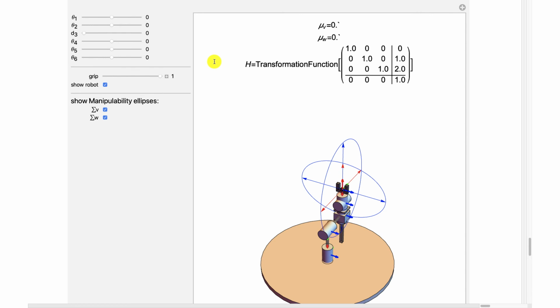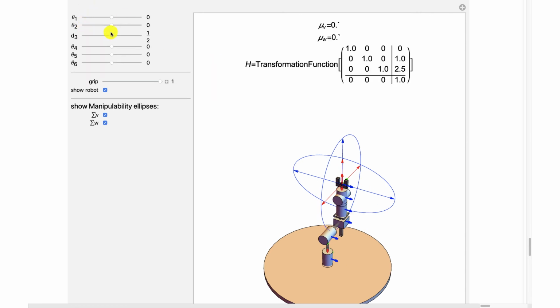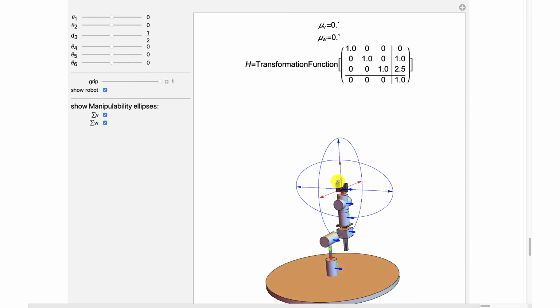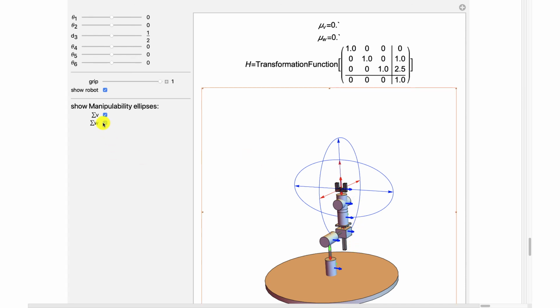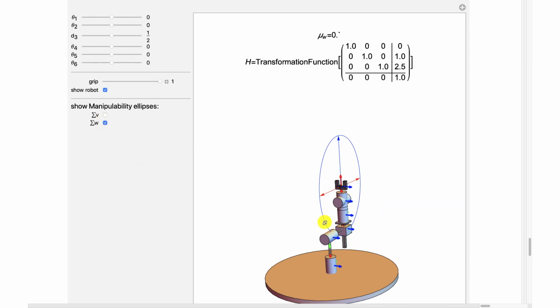Here's a robot that does have singular positions, and so if you look at this, you say, oh, I've seen this robot before. This is that Puma arm with a spherical wrist, and here it's in its singular velocity. Let's just look at one at a time. So here's our angular velocity, singular position. We can rotate that out of here by getting it out of its kinematic singularity with a wrist.